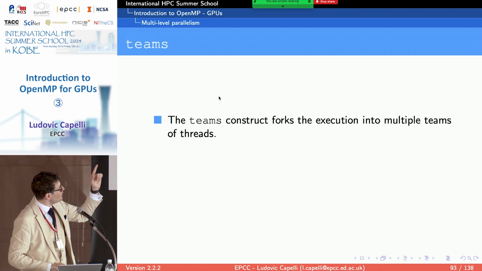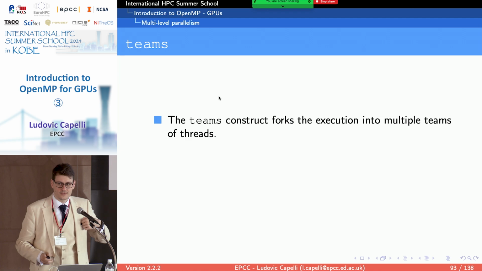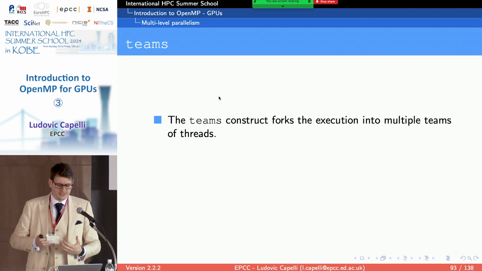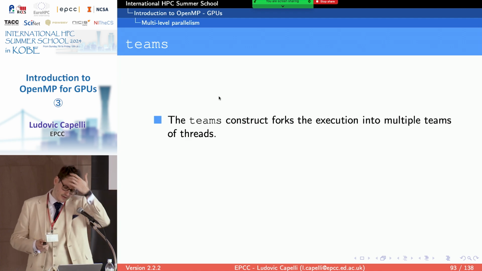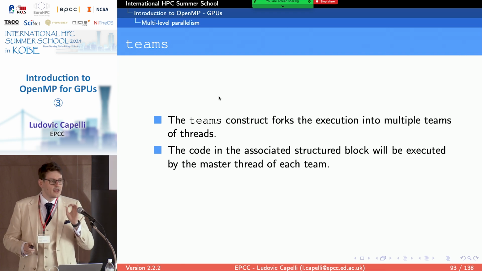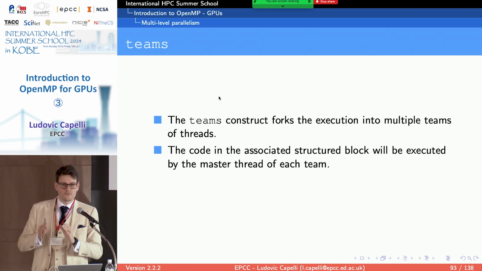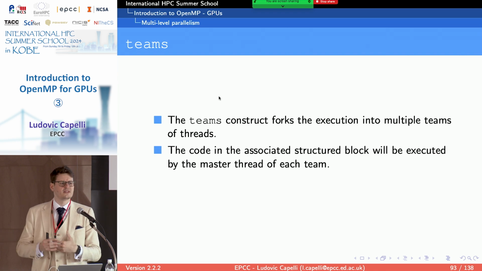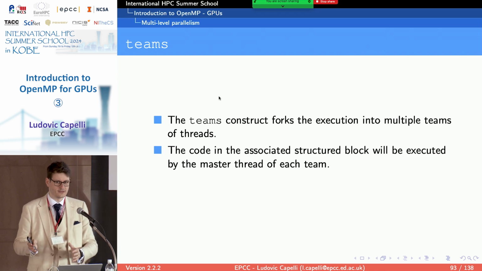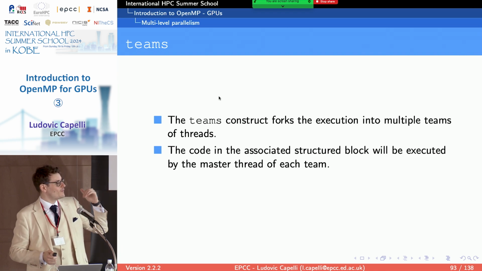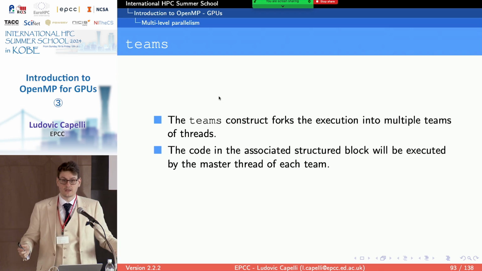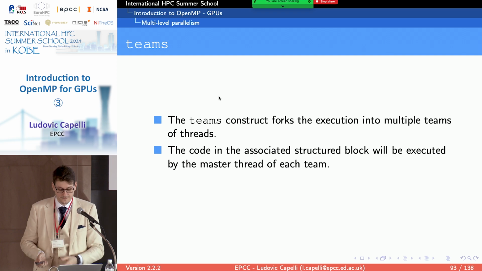So we're going to see the teams construct. What it's going to do is create multiple teams. Every team will be running on a streaming multiprocessor. I will start to say SM from now on, meaning streaming multiprocessor. So when you have teams, you will be able to start using multiple SMs at the same time, so you will no longer be stuck on a single one.